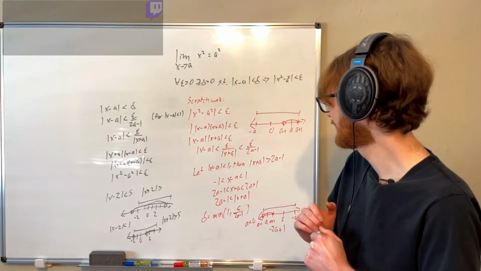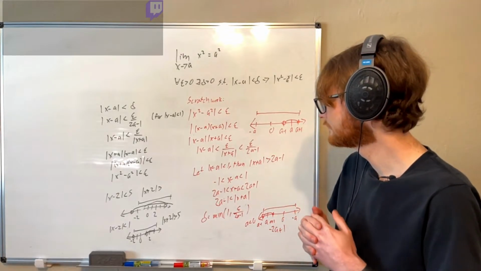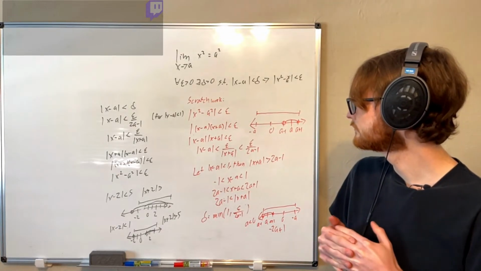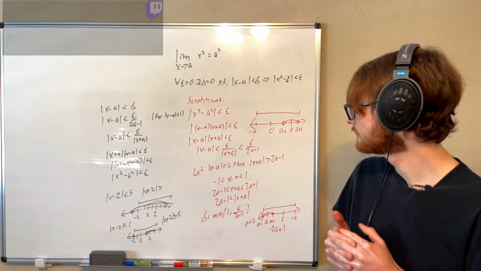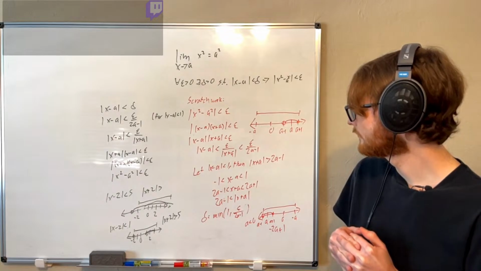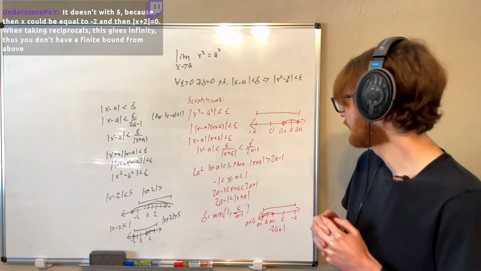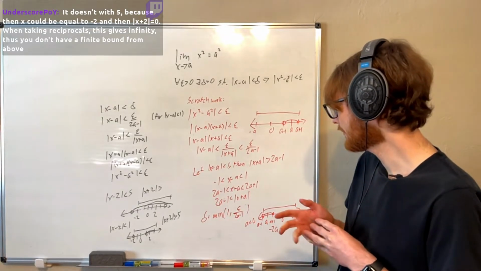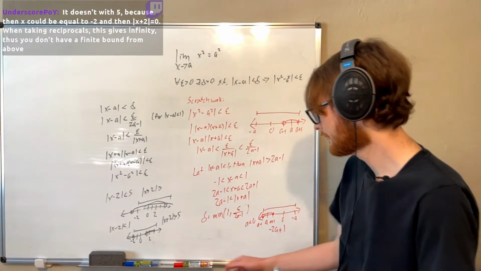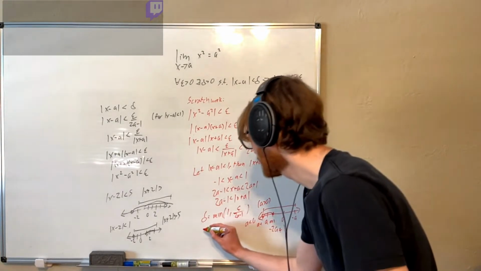Maybe when a is greater than 0, we take this for delta, and when a is less than 0, can we just say a greater than 0?